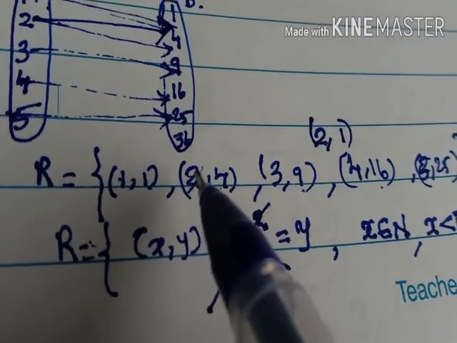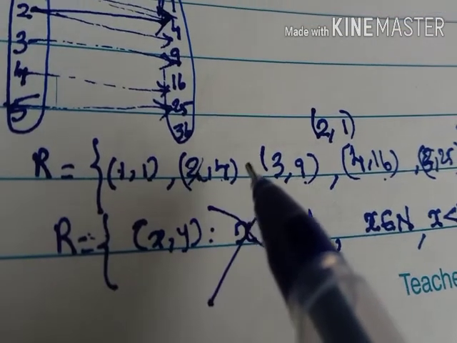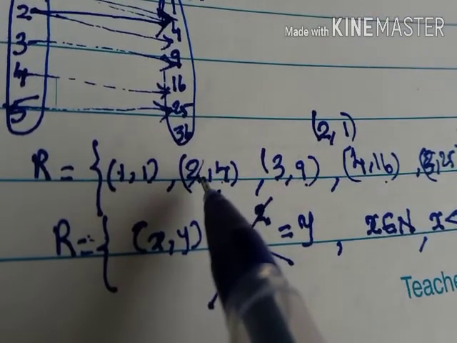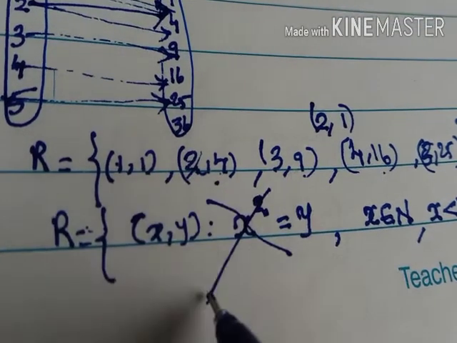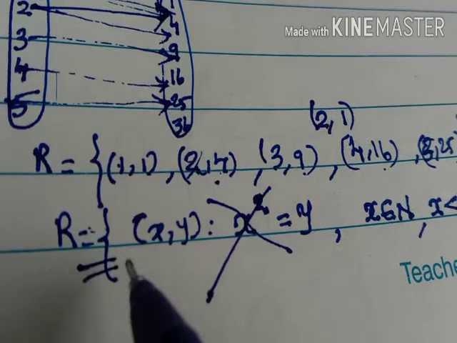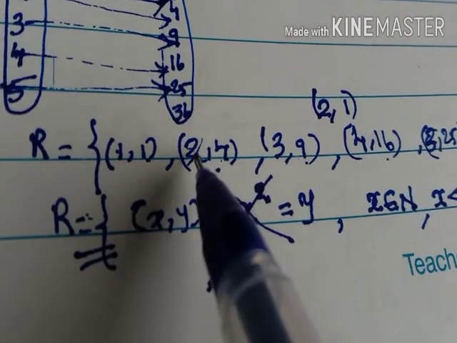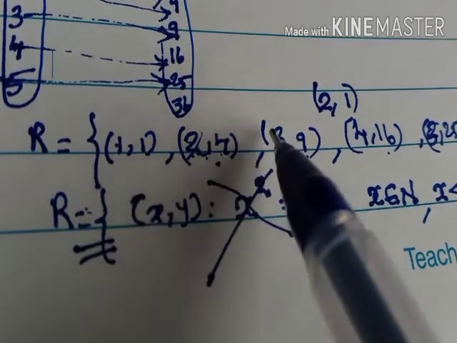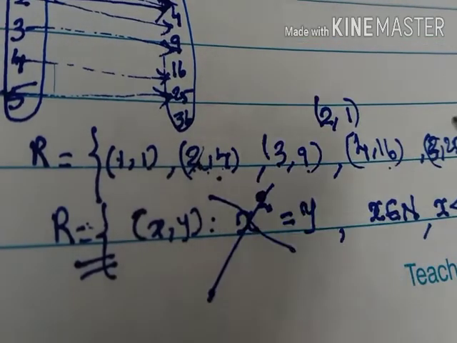The image of 2 becomes 4 and 1. So we can't say this relation is a function. In other words, each x element must have exactly one image.